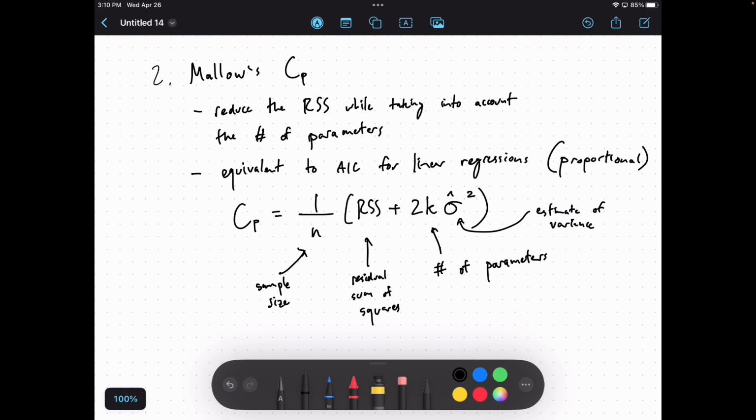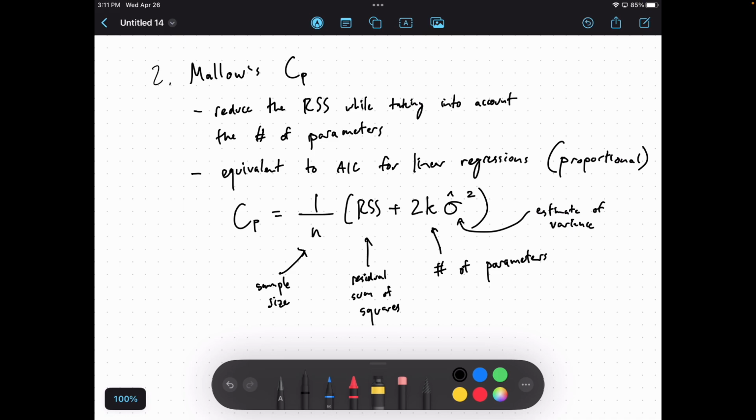So it should be the estimator of variance of the error term, then. Yeah, and this will vary a little bit as you change your model, but it's unlikely that this term will be drowning out everything else.